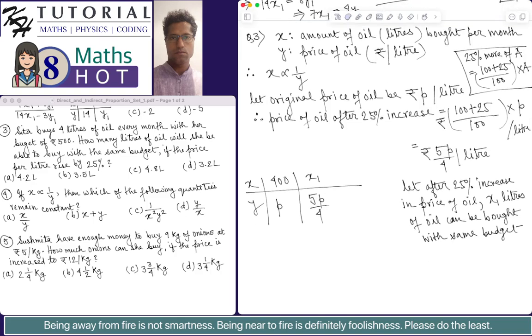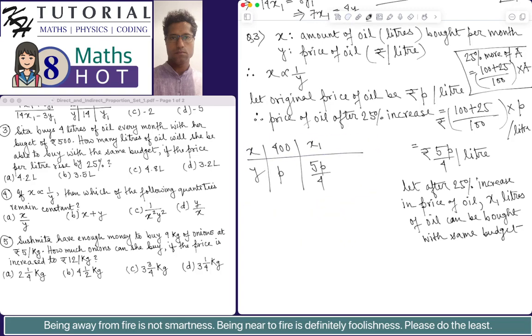So now let me move this a little above. Since these two quantities X and Y are inversely proportional to each other, we know that their product will be a constant. This is the main concept of inverse variation. So now from the table, using the corresponding values, we must have 400 multiplied by P is equal to X1 multiplied by 5P by 4.